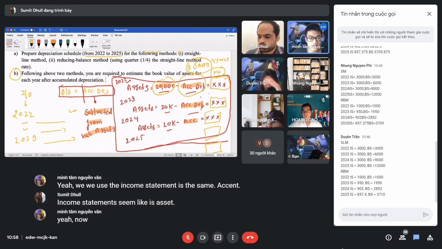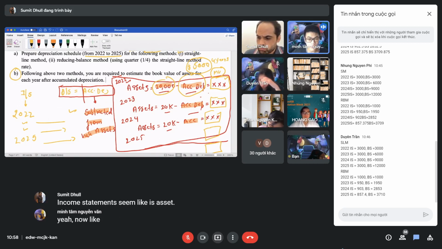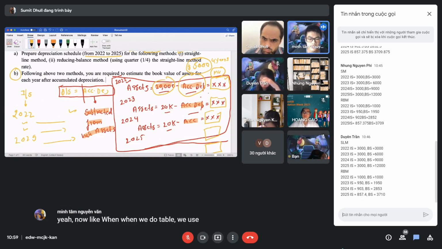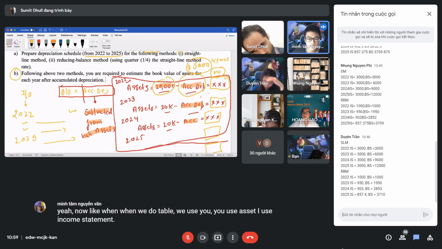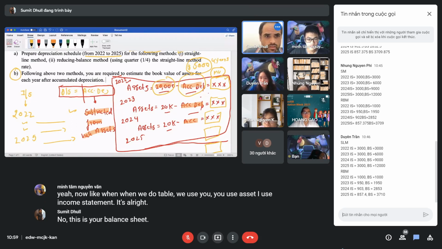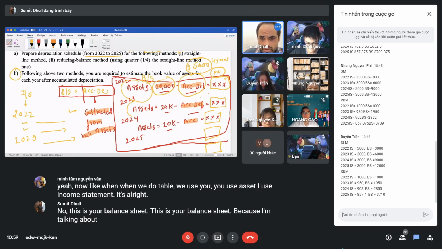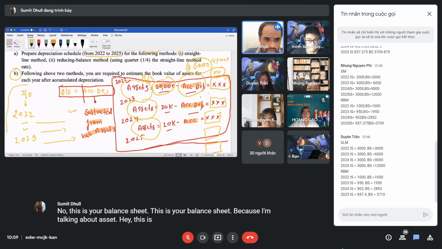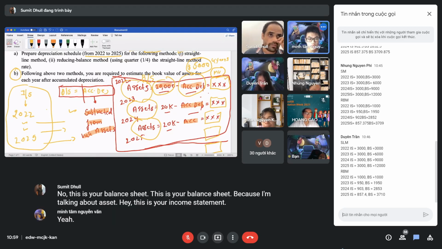When we do the table, you use asset, and I use income statement. Is that right? No, this is your balance sheet, because I'm talking about assets. This is your income statement. Okay, thank you, sir.